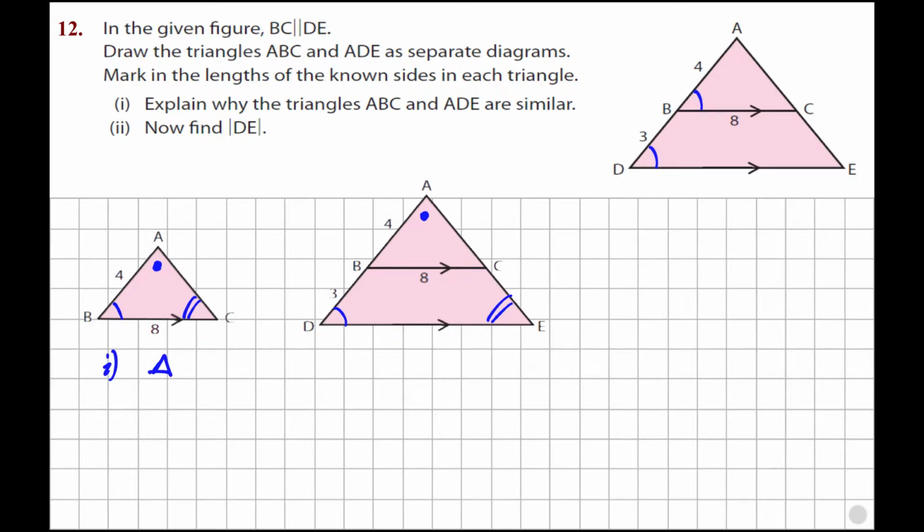So what I expect you to write is triangle ABC and triangle ADE similar, three equal angles.